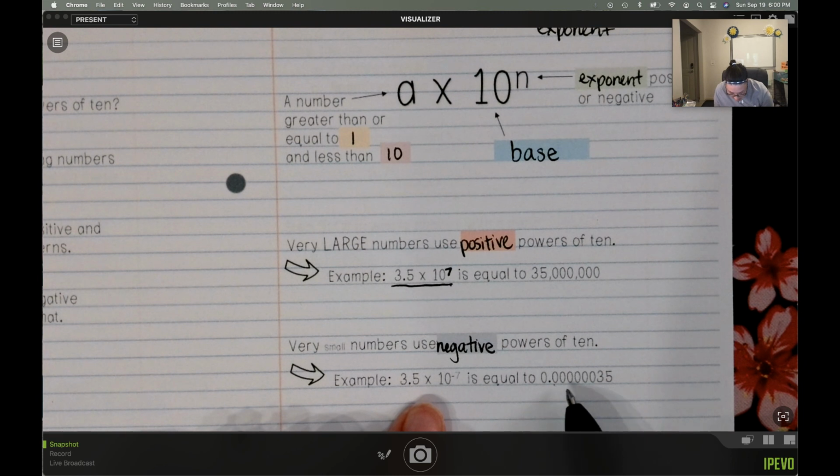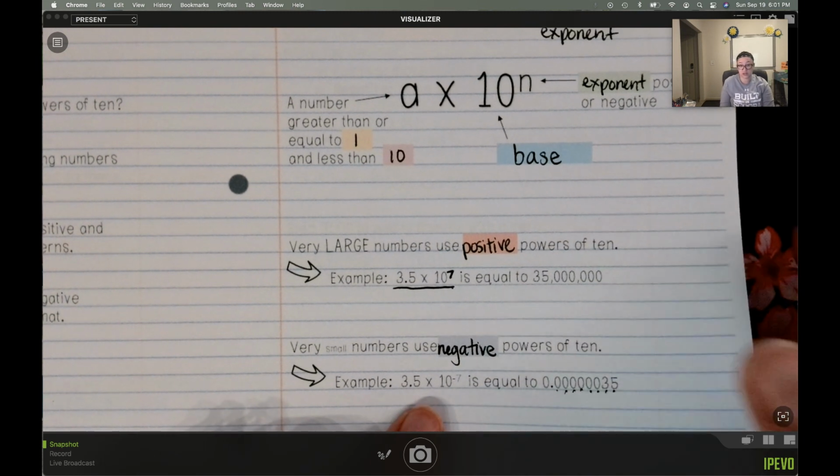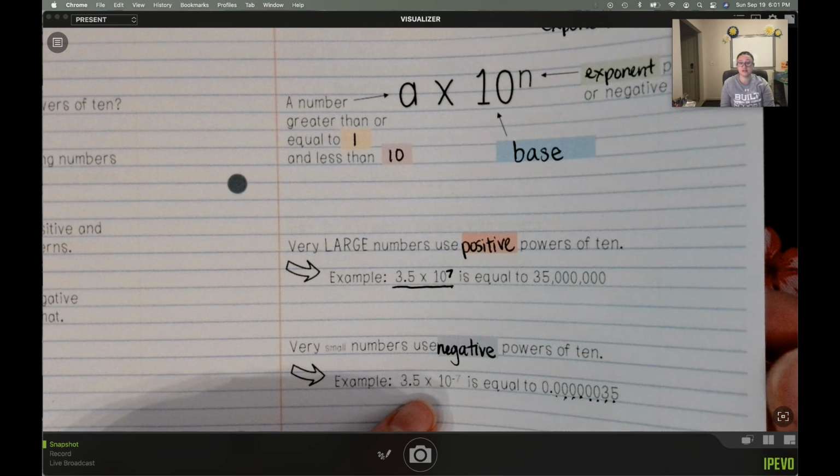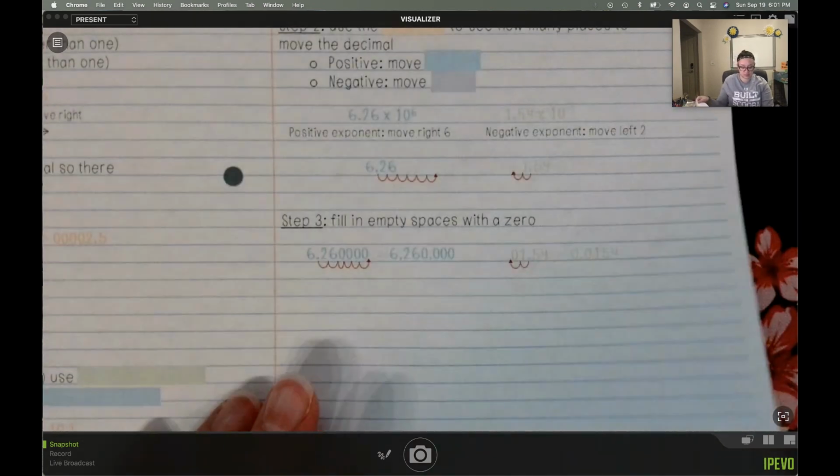We have tenths, hundredths, thousandths, ten-thousandths, hundred-thousandths, millionths, ten millionths. That's very small. Very, very small. So that's why we use positive for big numbers and negative for little numbers, because negatives make small decimals.